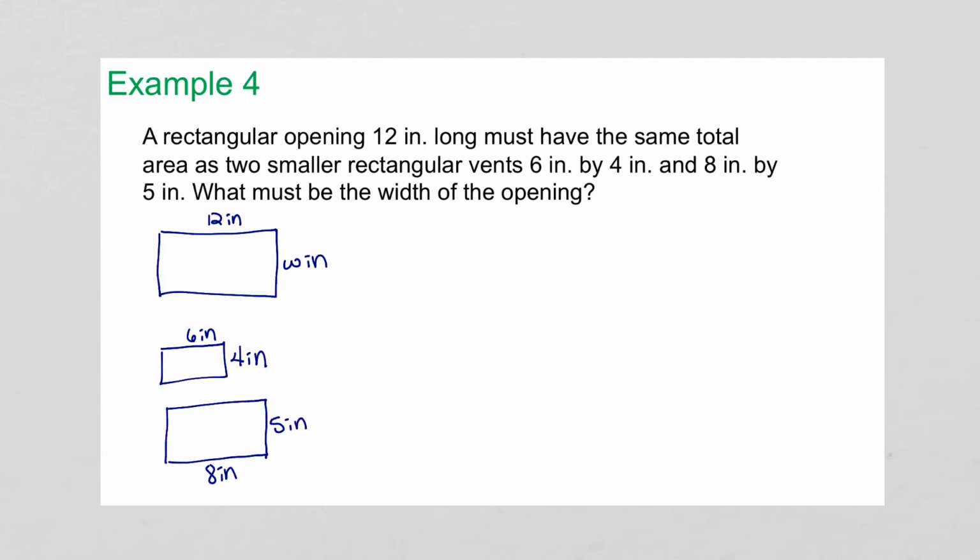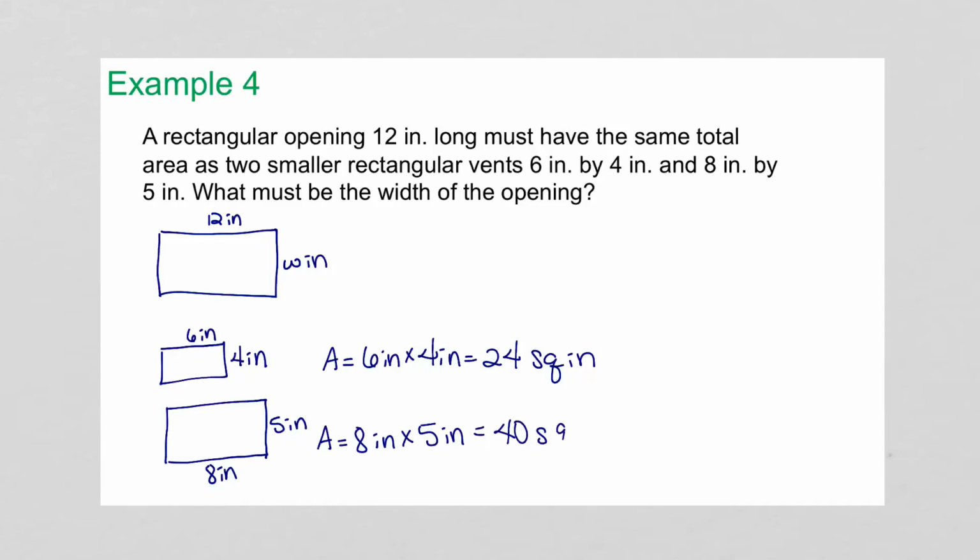Okay. And so we can find the area of these two bottom figures. The area of the first one would be 6 inches times 4 inches, or 24 square inches. The next one would be 8 inches by 5 inches, or 40 square inches.